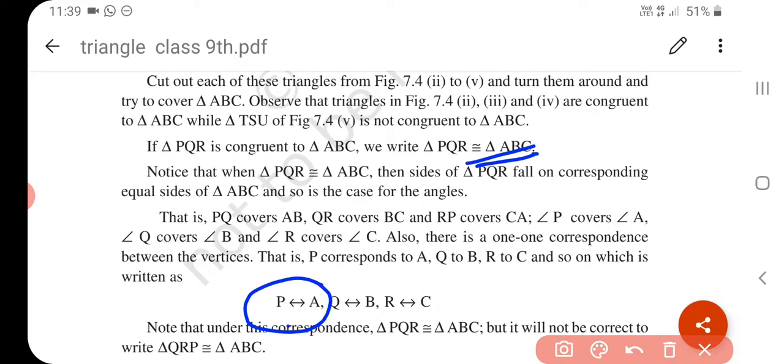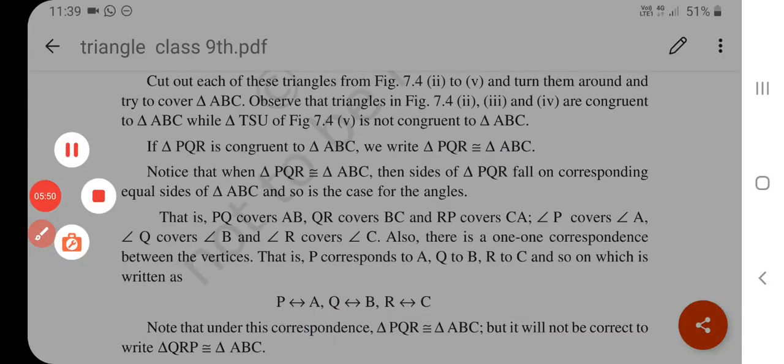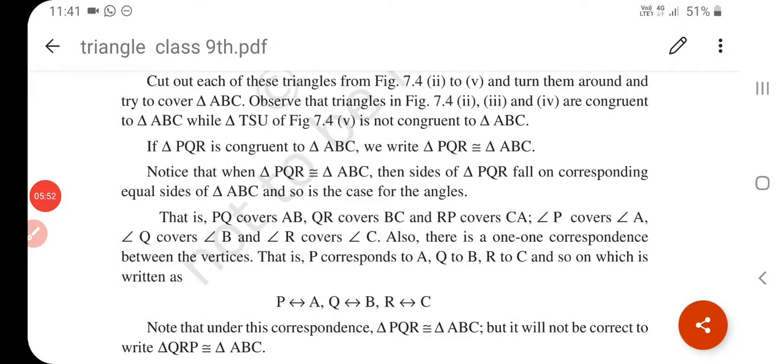If two triangles are congruent to each other, then in congruent triangles the corresponding parts are equal, and we write it in short as CPCT, that is, corresponding parts of congruent triangles. So students, two triangles are called congruent if and only if they have exactly the same shape and the same size.